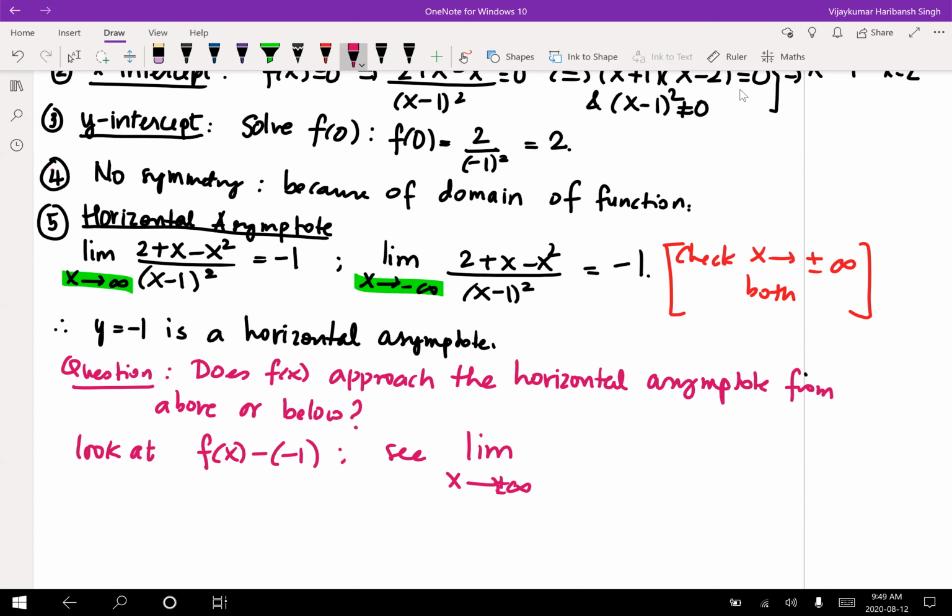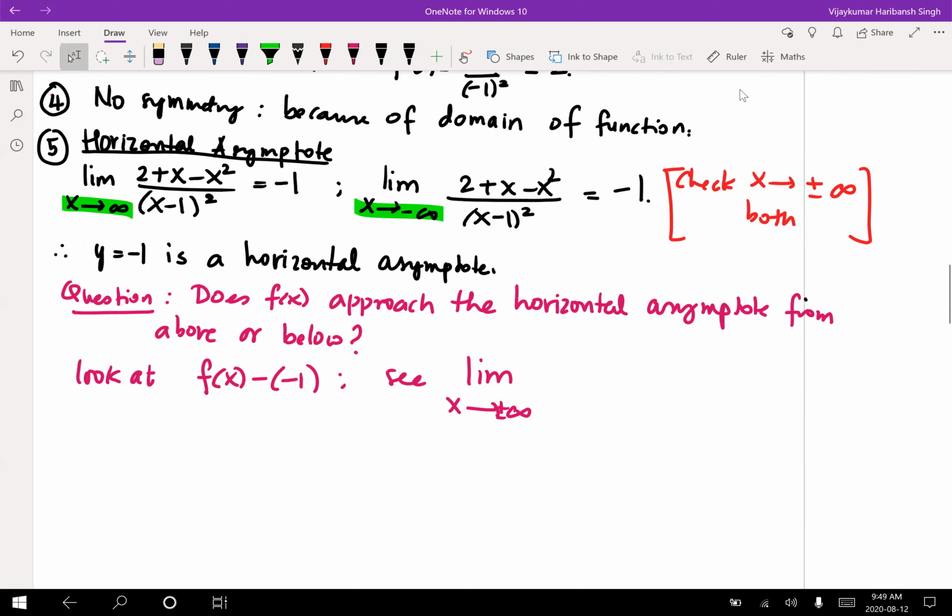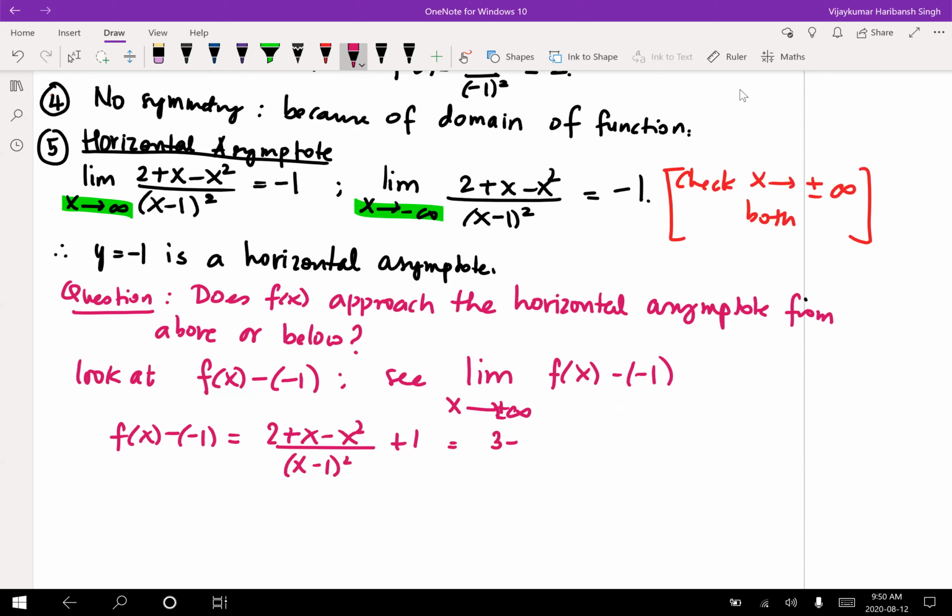So let's see what is f of x minus of minus 1. We have f of x minus of minus 1 is going to be 2 plus x minus x squared upon (x minus 1) squared, plus 1. That is going to be 3 minus x upon (x minus 1) squared.